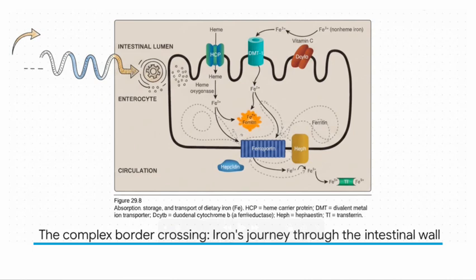Once inside the enterocyte, iron may be temporarily stored as ferritin or transported across the basolateral membrane into the circulation. In contrast, heme iron is absorbed intact through a separate transport mechanism and is less affected by dietary inhibitors.